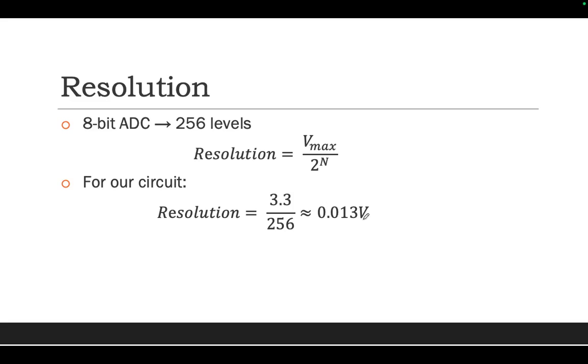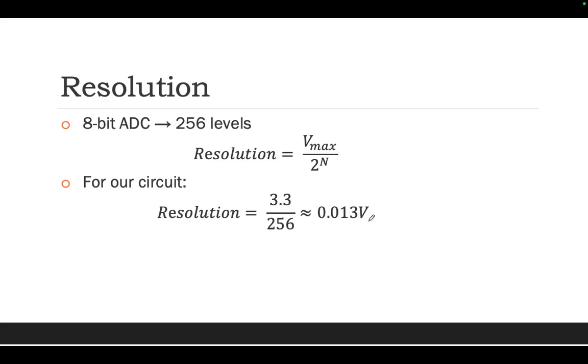Am I right? Yeah, and if your voltage is from 0.013 to 0.026, it will go to the other level. Does that make sense to you? Yeah, it depends on what's the rule for us. Am I right? Yeah, this is the resolution.